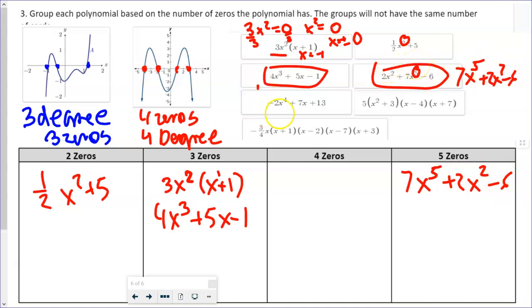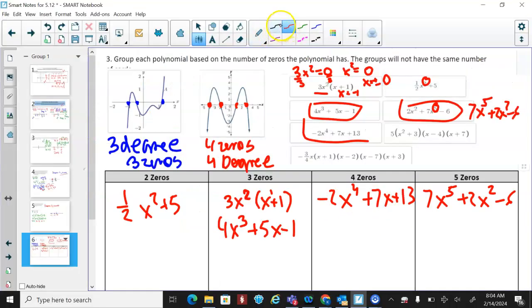This one looks like it's a 4. So negative 2x to the 4th plus 7x plus 13. Because again, this right here would indicate the degree and how many zeros the function should have. So all of these, 3, 2, 2.